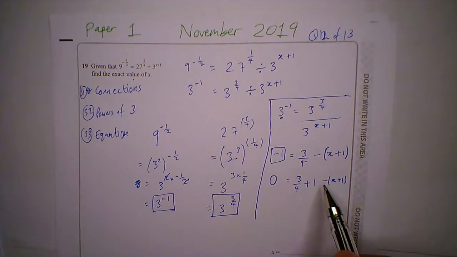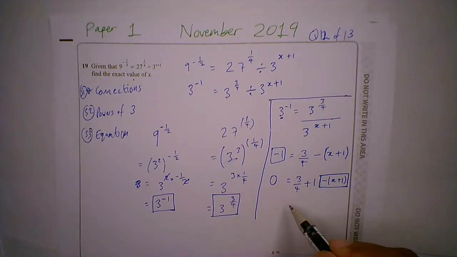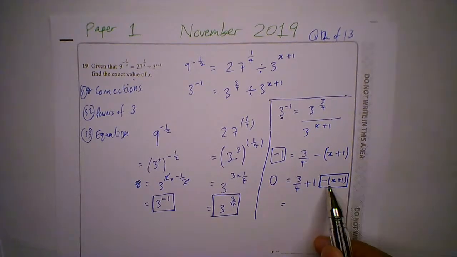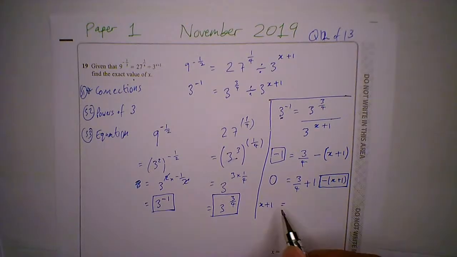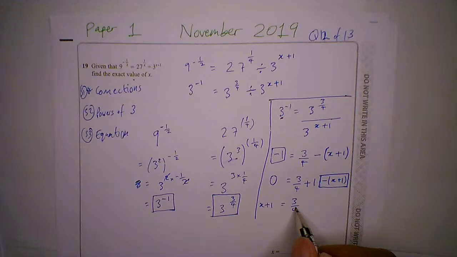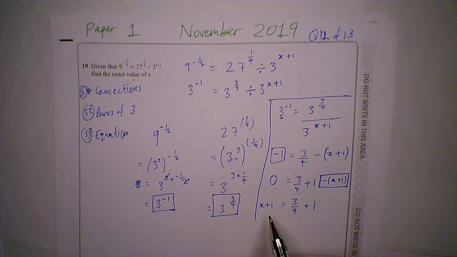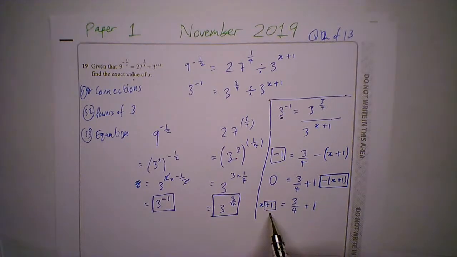Now I'm going to take all of this part to the other side. The opposite of minus is plus, so it becomes x plus 1 equals 3 over 4 plus 1. And now I can remove this plus 1 as well, so minus 1 on both sides. So x equals 3 over 4 plus 1 plus 1.